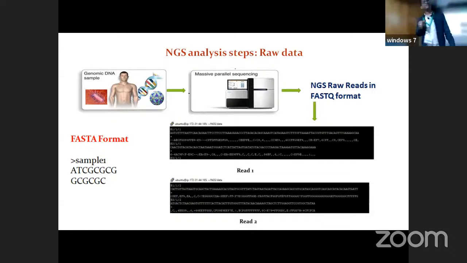So why is it required to represent the quality line? Is it necessary? Yes, it is necessary, mainly because NGS is a high throughput technique. When you are working with a high throughput technique, there is every likelihood you are going to get wrong data also, false positive data also. Therefore, for every base call, if you are telling position number 1 A is there, what is the confidence of A?